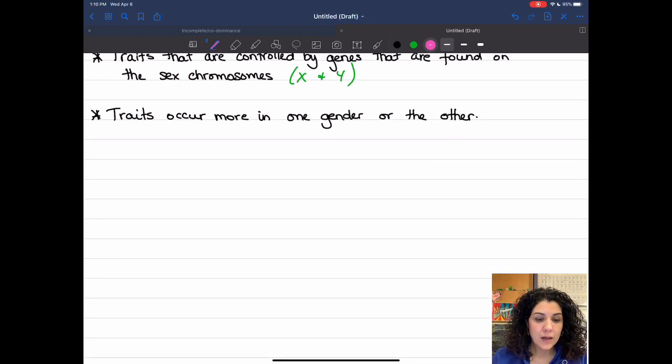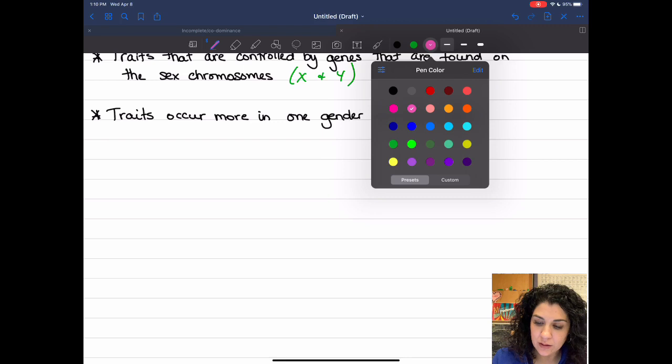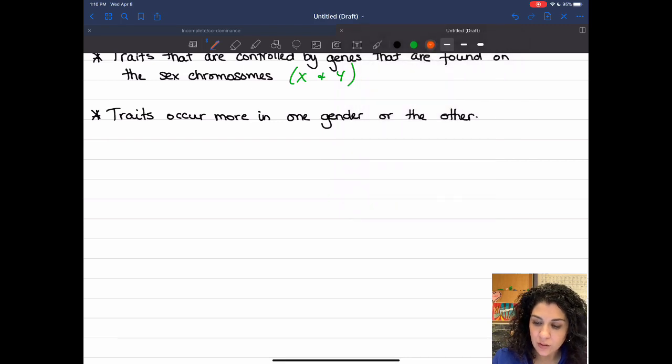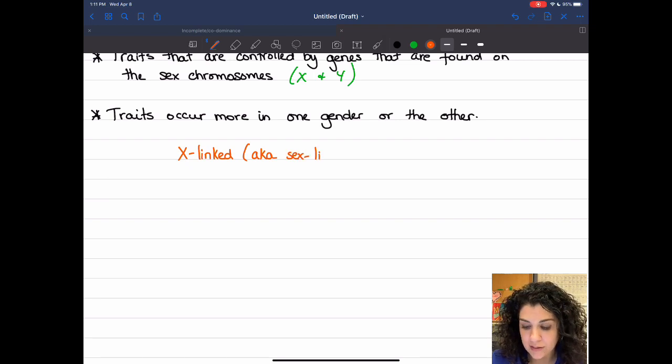To explain that, I'm going to use X-linked and Y-linked genes. An X-linked gene, you're going to hear it as sex-linked. These are the ones that they call sex-linked on questions or in the textbook. These X-linked genes are found, obviously, on the X chromosome.